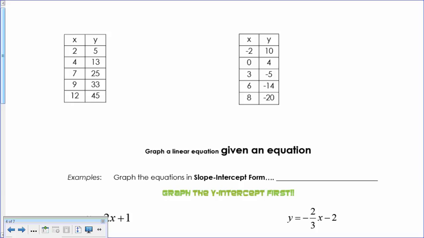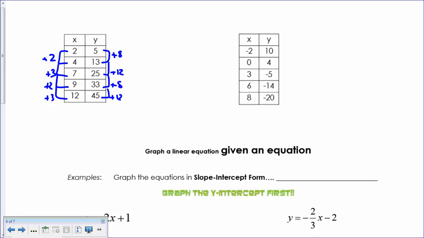All right, so let's find our slope first. Well, as I look here, this kind of goes all over the place, right? +2, +3, +2, +3. And then over here, we're +8, +12, +8, and +12.